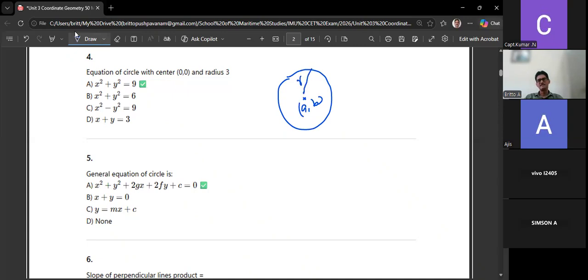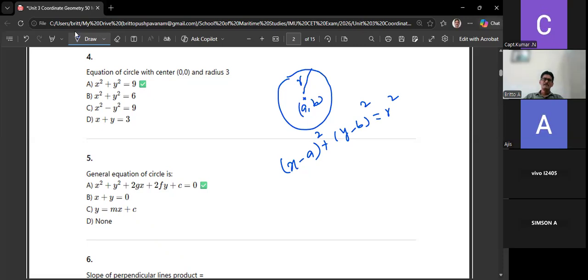Then the equation of circle x minus a the whole square plus y minus b the whole square equal to r square. Right? If the center a comma b and the radius r is given, then the equation of circle is x minus a the whole square plus y minus b the whole square equal to r square, where r is the radius. Here, look at that.